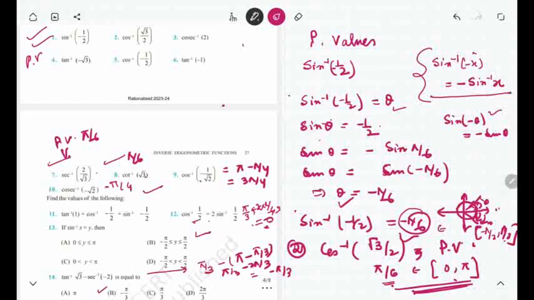So this is pi by 3, pi by 3. I'm sorry, this will be equal to 2 pi by 3. So this we have done. 13th answer is B and 14th answer is B. Yes, minus 1 by 3 we have got.